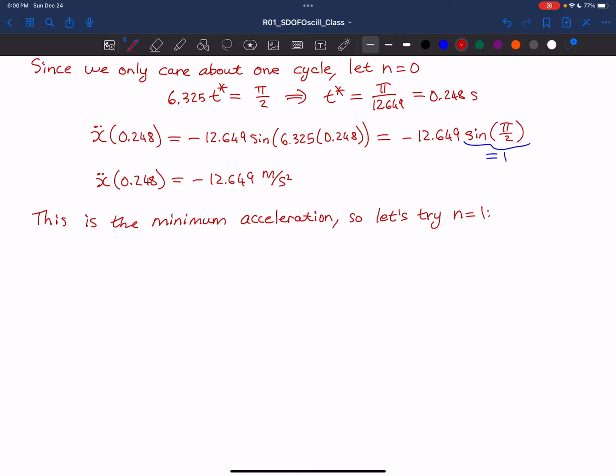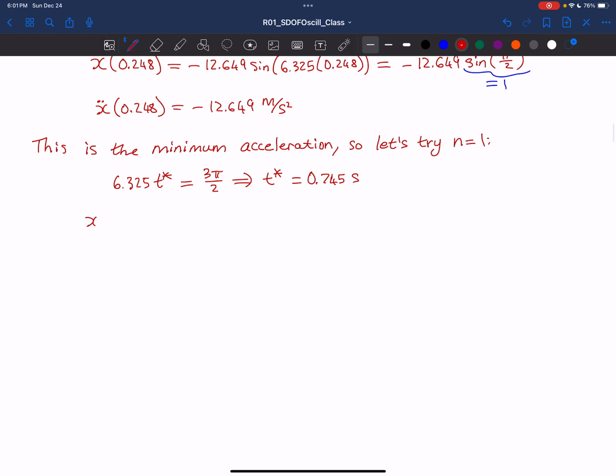In this case, we're going to have 6.325 t star equal to 3 pi over 2, or that t star ends up being equal to, if we calculate this out, 0.745 seconds.